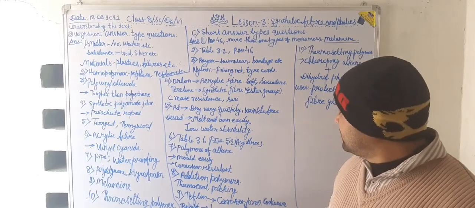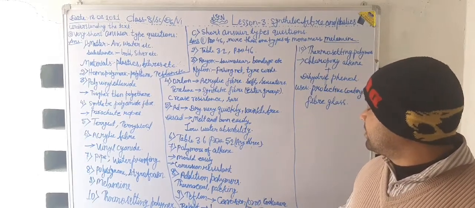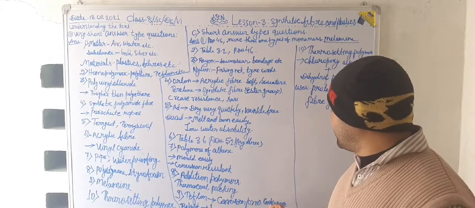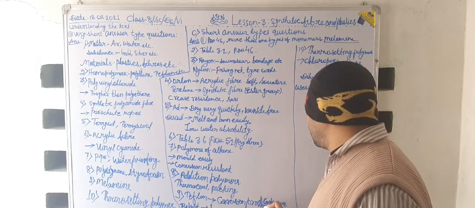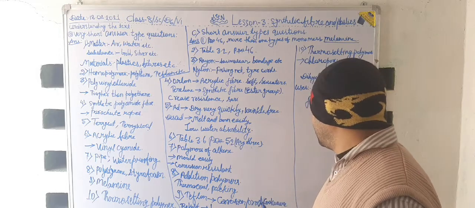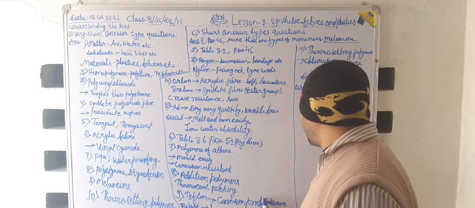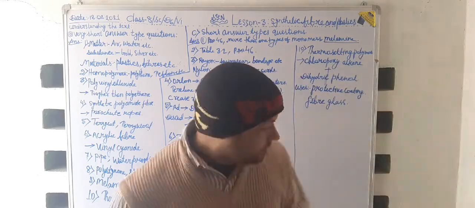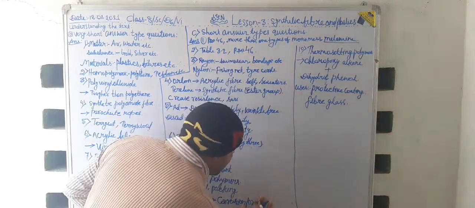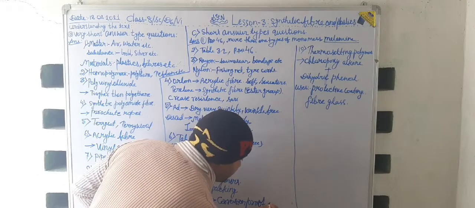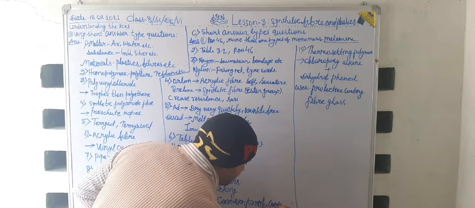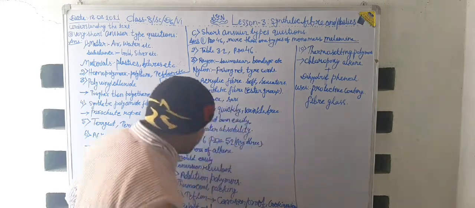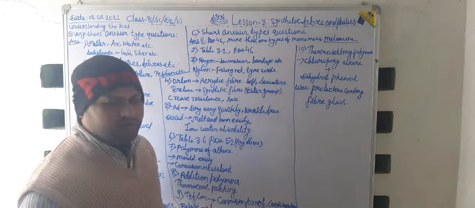Teflon is used in corrosion proof and cooking ware.